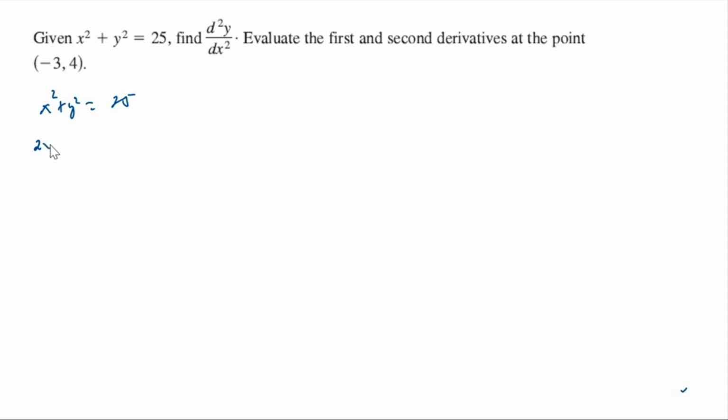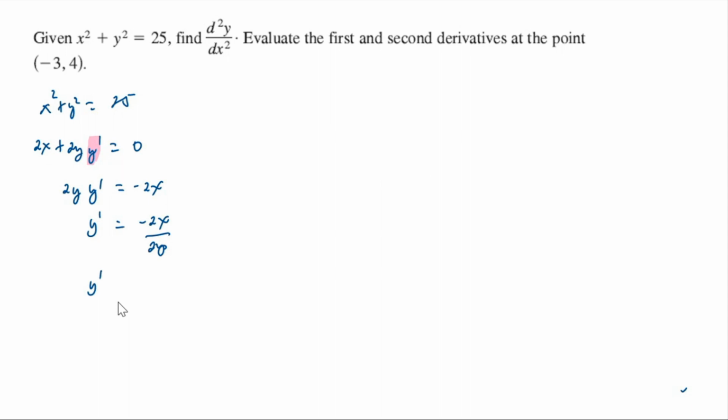So we have now 2x plus 2y y prime equals 0. Solving for y prime, transpose the other terms: 2y y prime equals negative 2x, and y prime is equal to negative 2x over 2y.